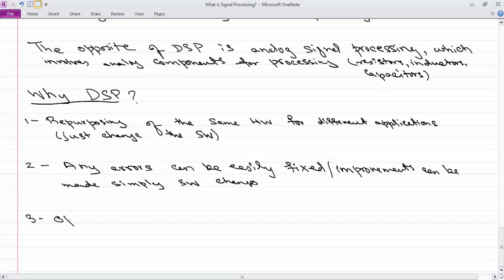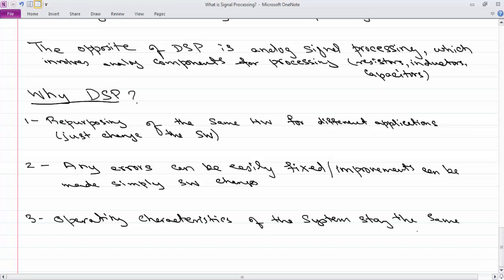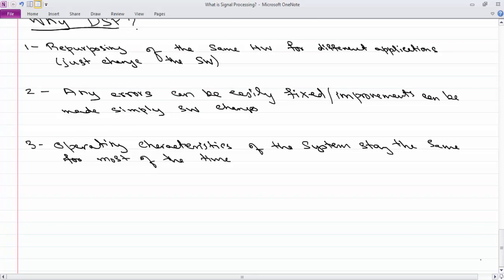So operating characteristics of the system stay the same for most of the time. Of course, beyond a certain limit, even your processor will break down.